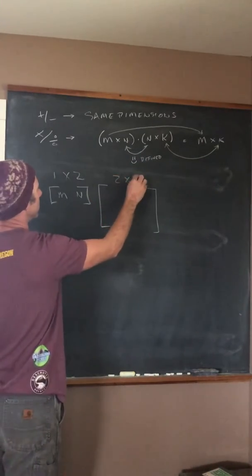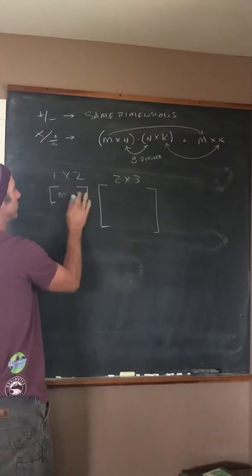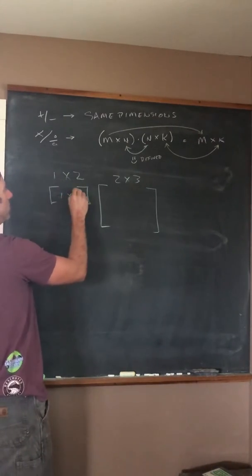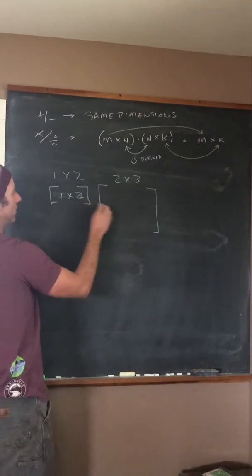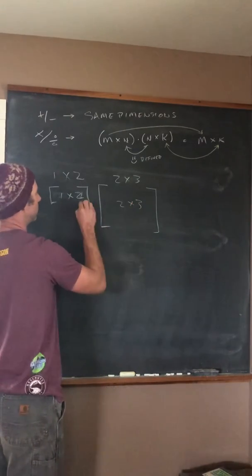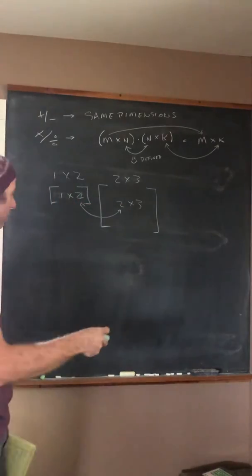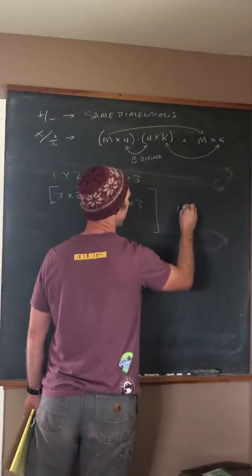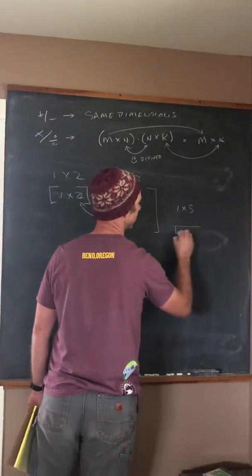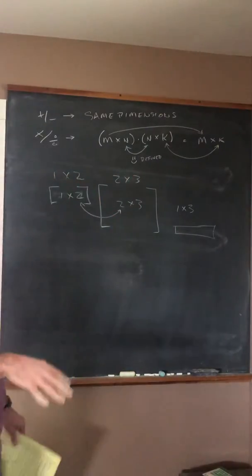You can see that those two are the same, so we can get an answer. And then my product over here was 1 by 3, so it was long and skinny, like that. And we saw that earlier, so not news.